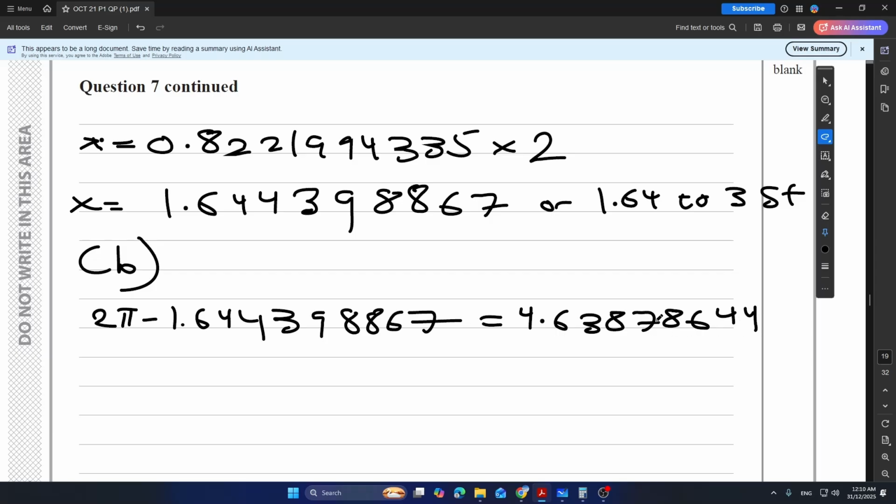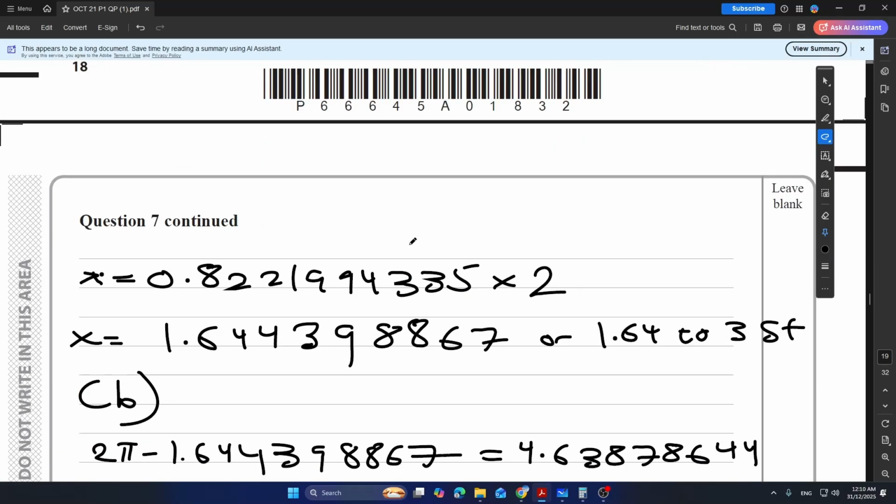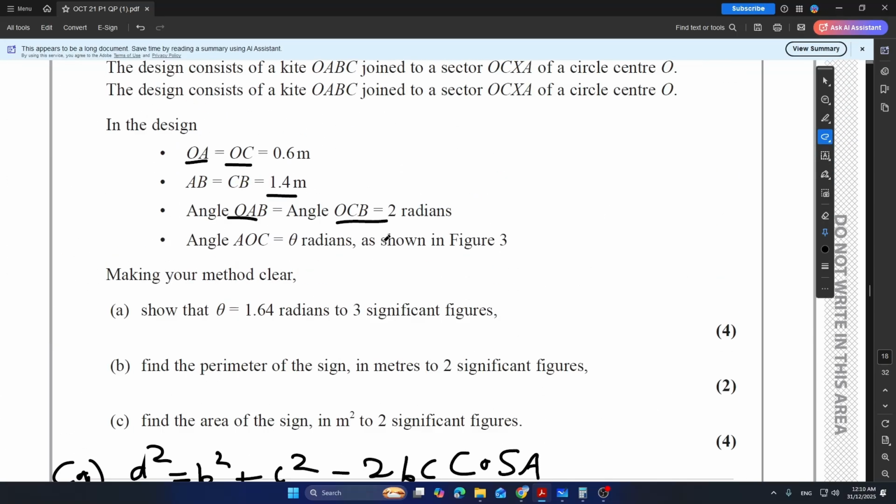Okay, this is our answer for the angle, the 4.6 something radians.